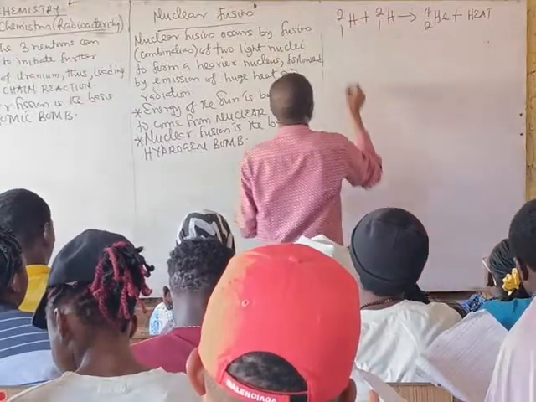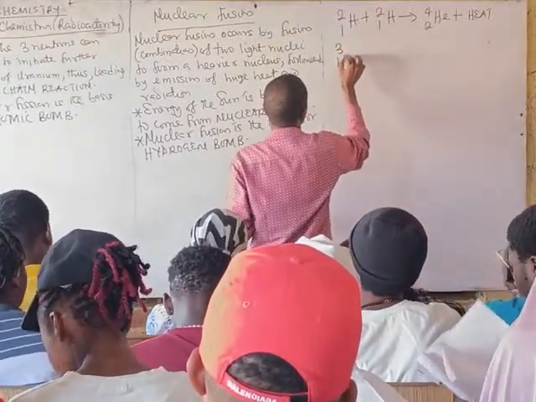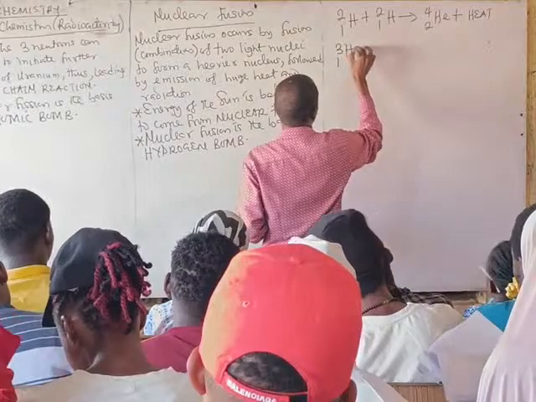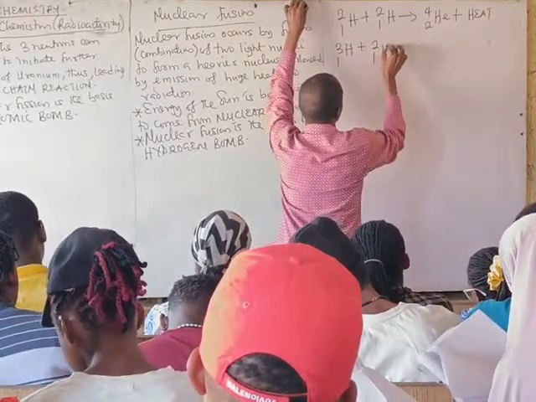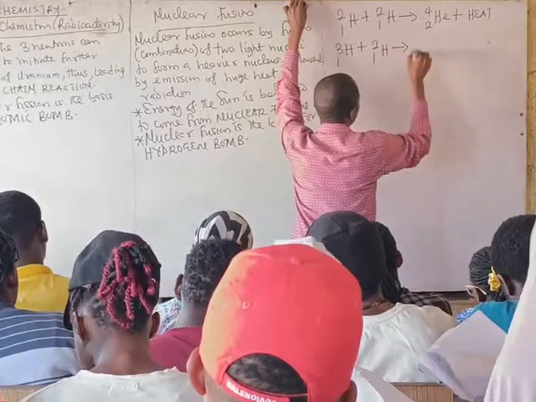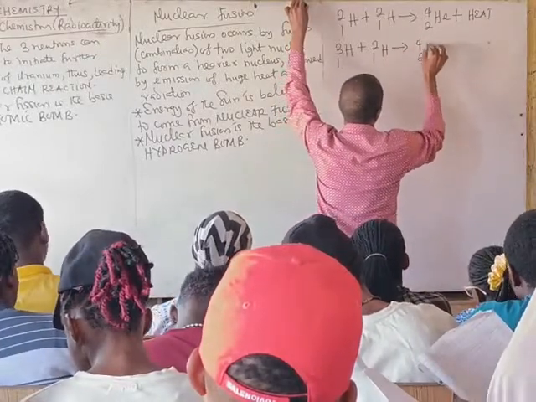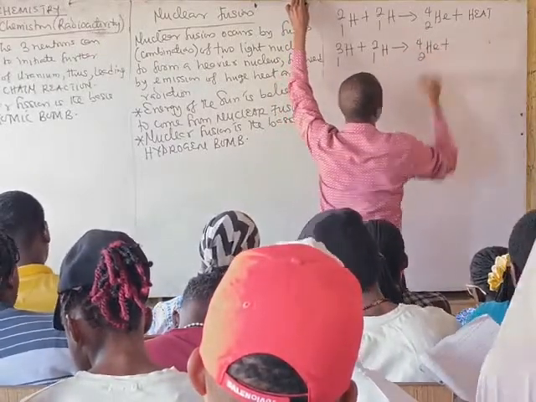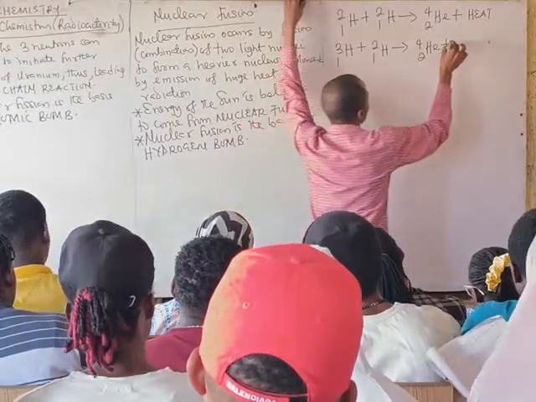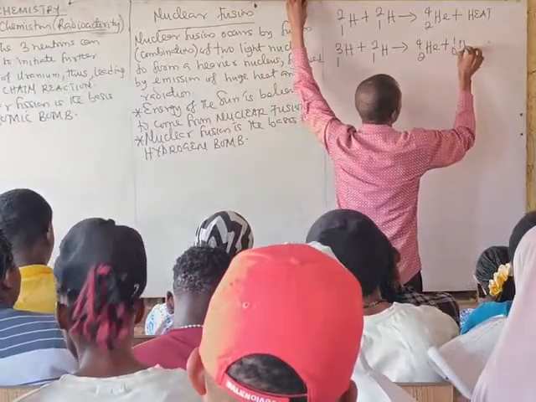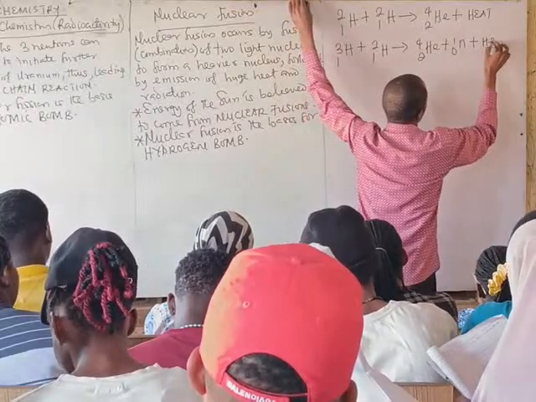Not only that, what if you have something like 3,1H, that's tritium, plus say something like 2,1H? Now this one can give us 4,2He plus, what do you think we're going to have here? Plus 1,0n, a neutron, then plus heat.